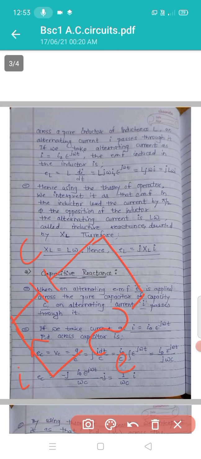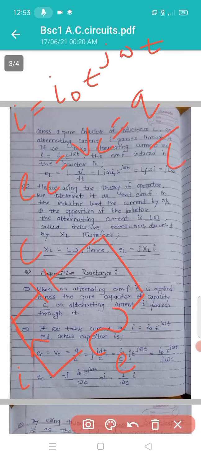If we take current as I is equal to I naught epsilon raised to j omega t, then the potential difference across the capacitor is EC is equal to VC is equal to Q upon C.